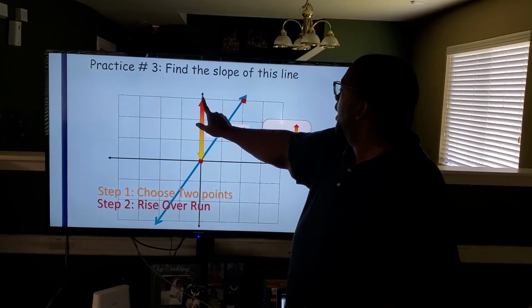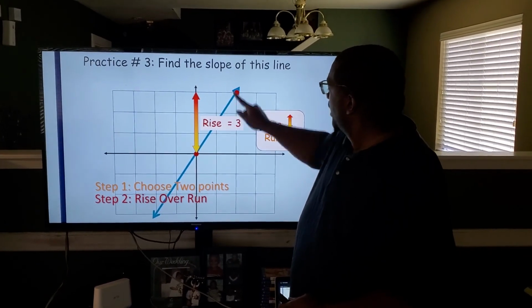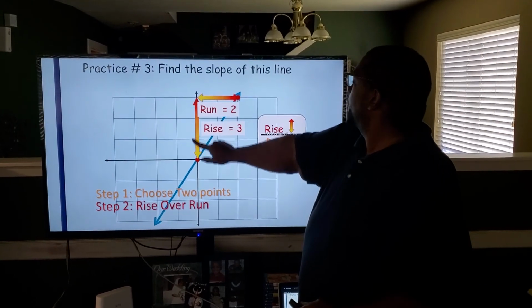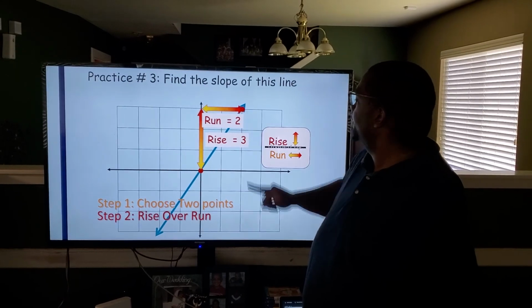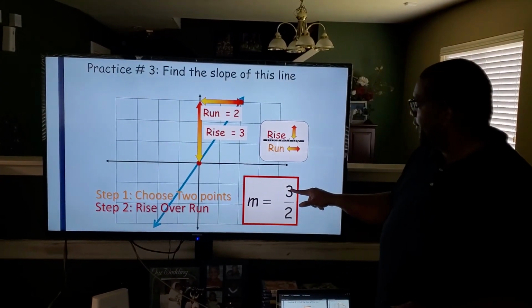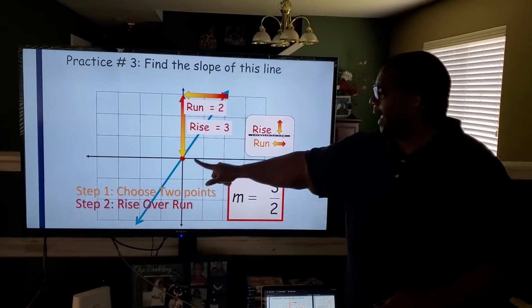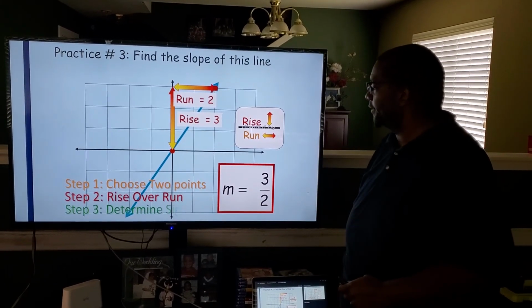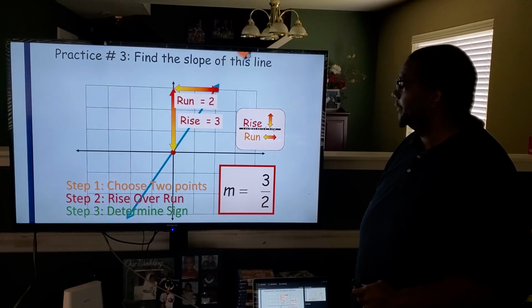We're going to go up 3, rise 3, run 2. Our line is going uphill. That tells us we have a positive slope. Our slope will be a positive 3/2.